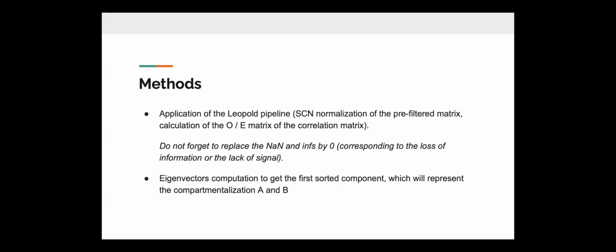And we made a special mention for the NaN and infinite values that we replaced by zeros, corresponding to the loss of information, or for example, a lack of signal. We computed the eigenvectors to be able to sort the first component and to make the compartmentalization of A and B.